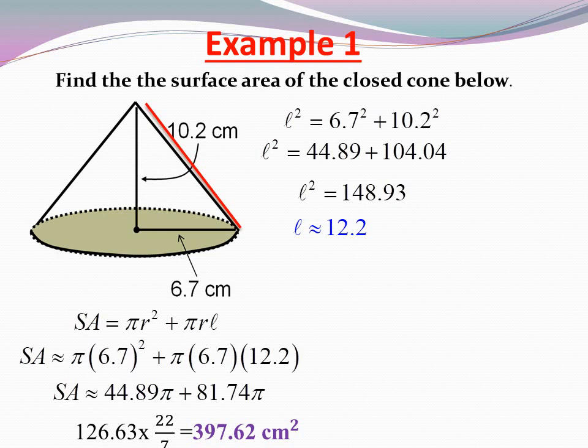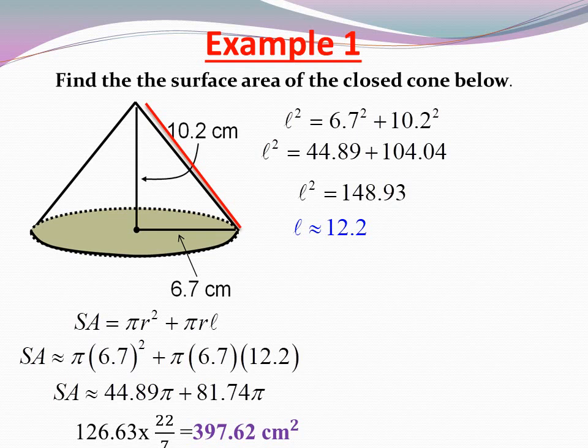In this case, L squared will be equal to 44.89 plus 104.04, which gives L squared as 148.93, and we get the square root of that to get L as 12.2 centimeters. From there, we can use our formula that the surface area is given by pi r squared plus pi rl.